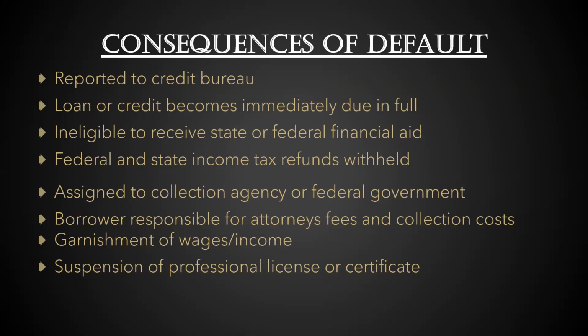A garnishment is where they are allowed, in some cases, to take up to 20% of your income of your weekly or monthly paycheck before you receive it. Now, your employer knows that you are not paying your bills, and sometimes that can cause consequences with employees. Your professional licenses and certifications can also be suspended, which means you can't work.